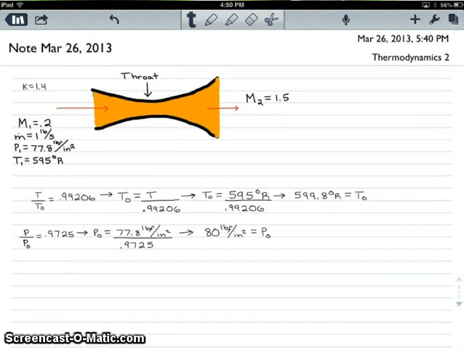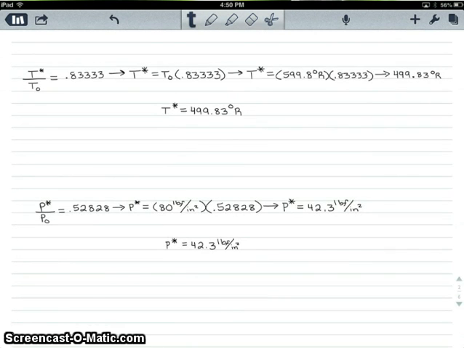As with our stagnation values, we will find the throat temperature and throat pressure with the same equations, just different values from table 9.2. As you can see, T asterisk divided by T naught equals 0.83333, T naught being the value that you found initially as the stagnation temperature.